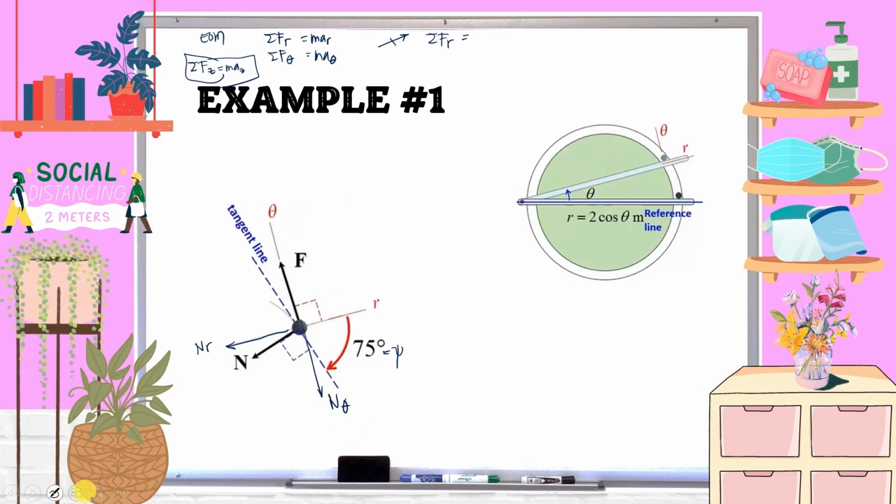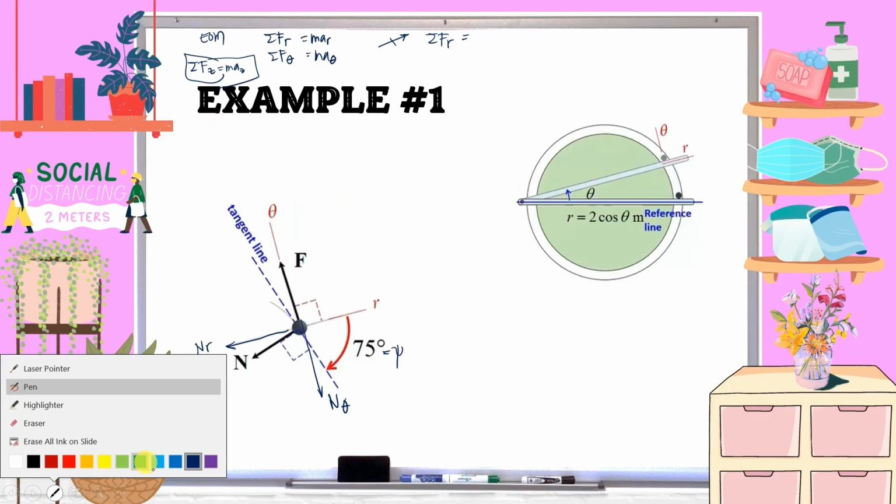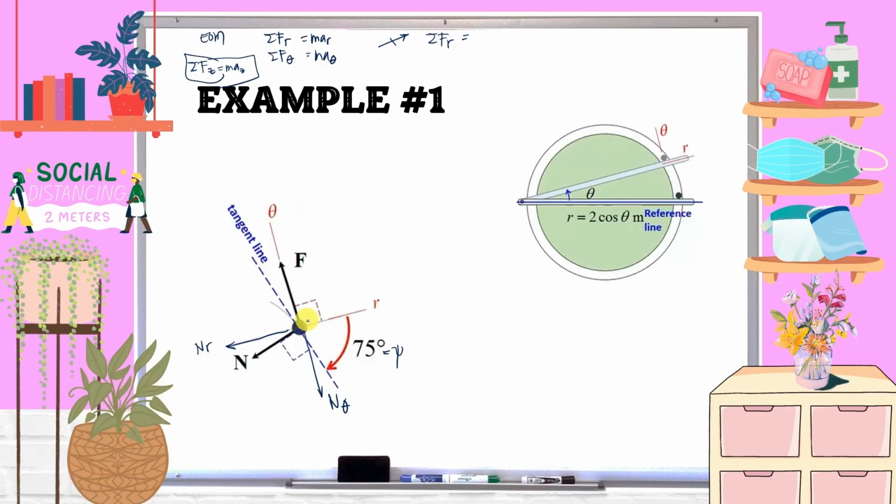And for the angles, let's have a clear representation of all the angles. So this is 75 degrees, this is 90 degrees, so therefore this angle here is also 15 degrees. Likewise, this is also 15 degrees. And since this is 90 degrees, 90 degrees minus 15 degrees, so this is also 75 degrees.